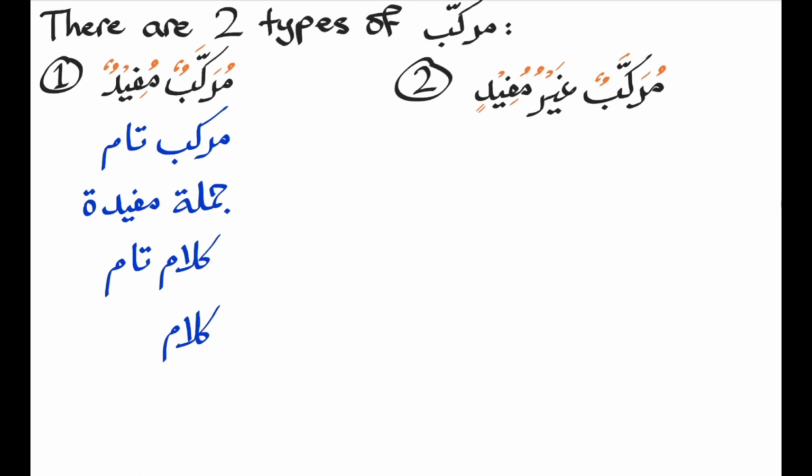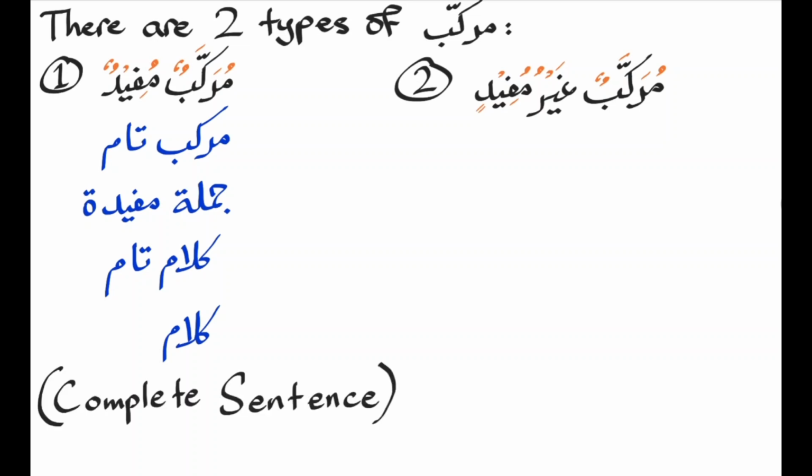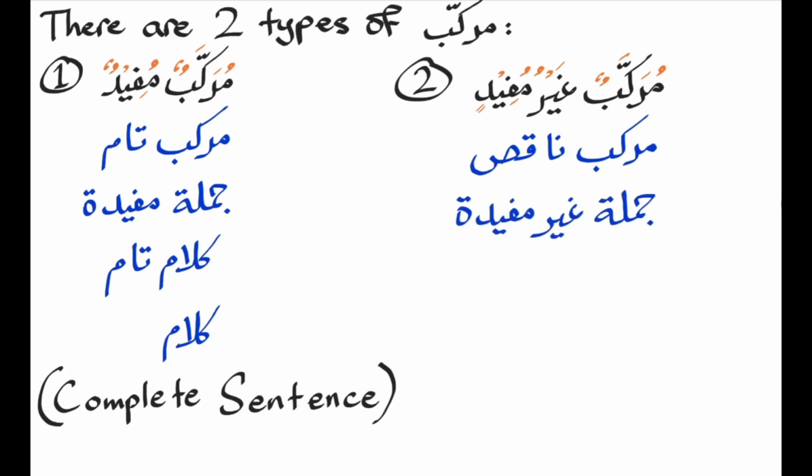This is basically a complete sentence. Murakkabun ghayru mufidin, on the other hand, is also known as murakkabun naqisun, jumlatun ghayru mufidatin, kalamun naqisun, and this is basically an incomplete sentence or a phrase.